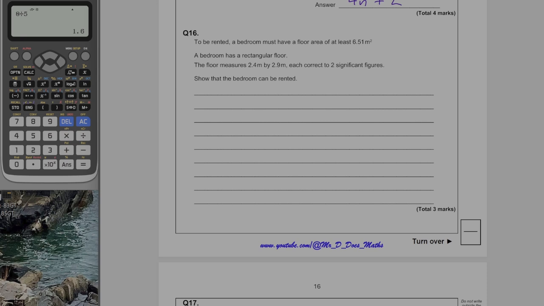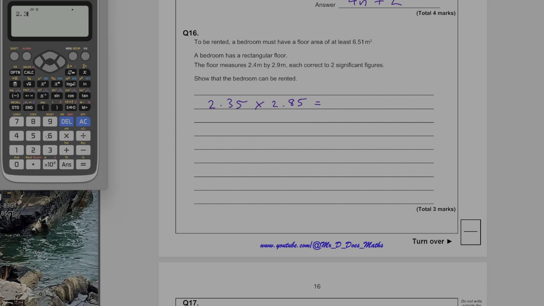So if we're looking at 2.4, the smallest value that could be would be 2.35. And then the smallest that the second dimension could be would be 2.85. And then provided that area is more than 6.51, we're good to go.